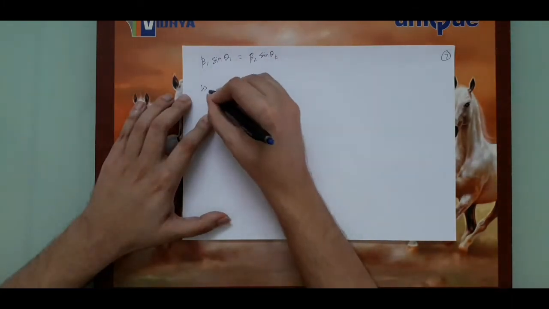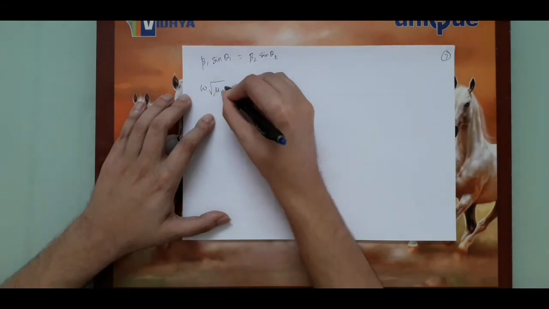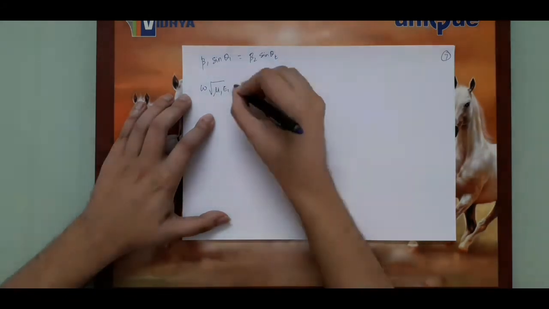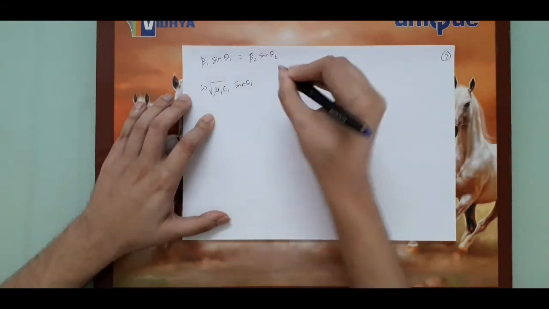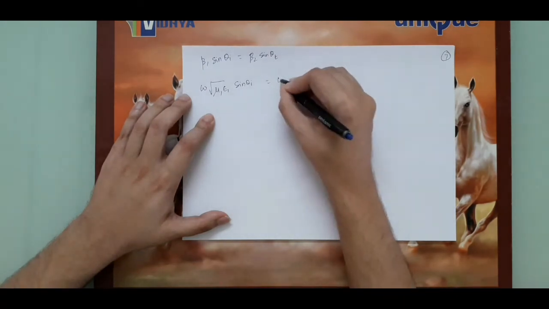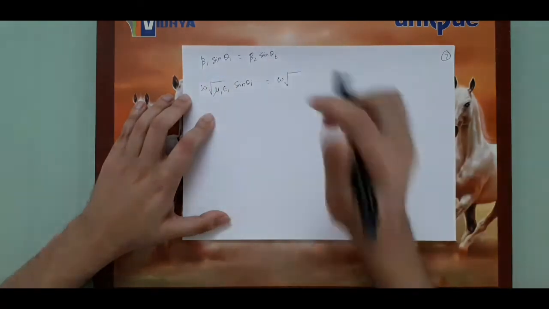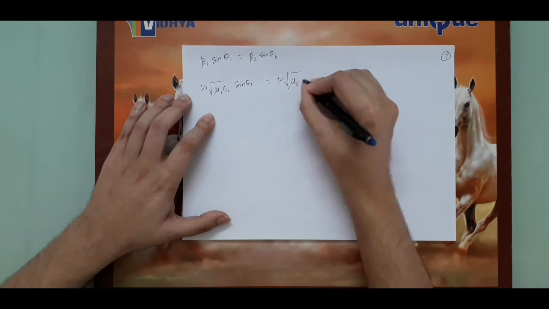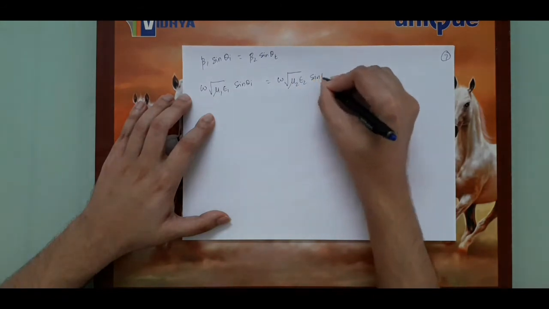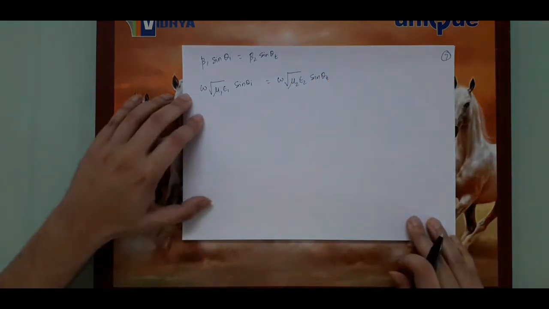Beta is omega root mu 1 epsilon 1 times sine theta I, which will be equal to omega, remember, the frequency does not change, root mu 2 epsilon 2 sine theta t.